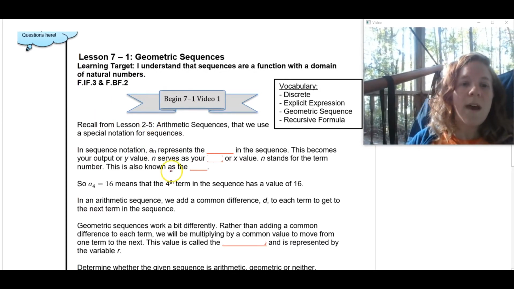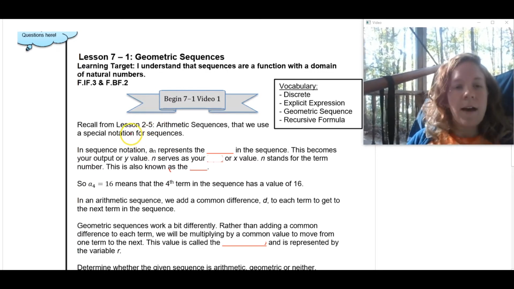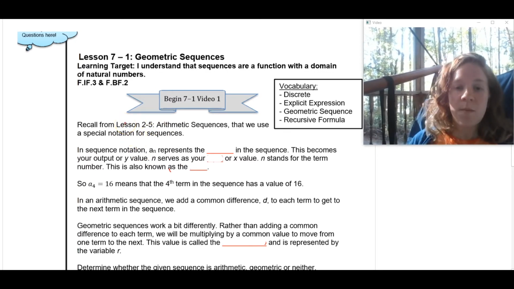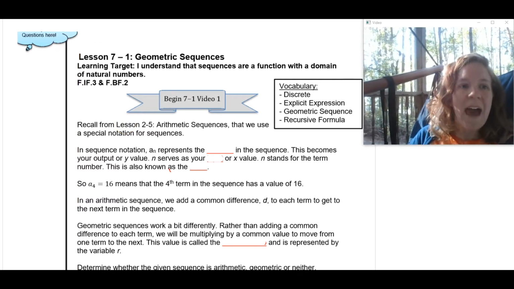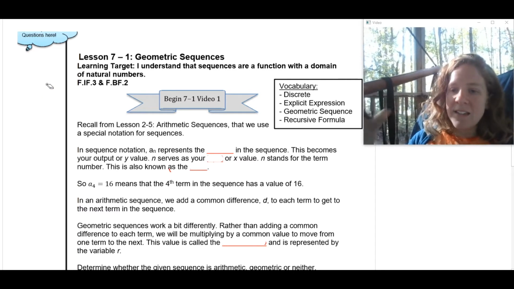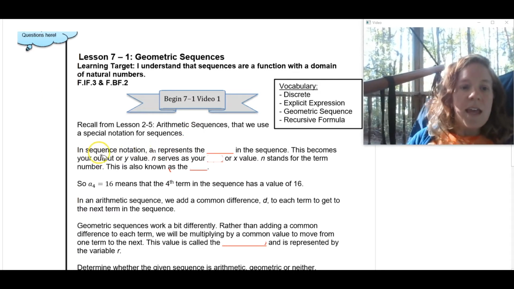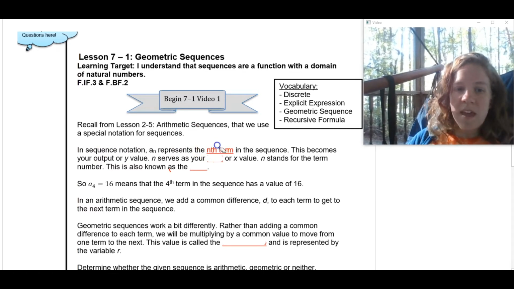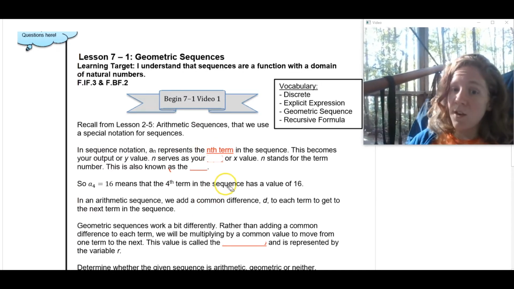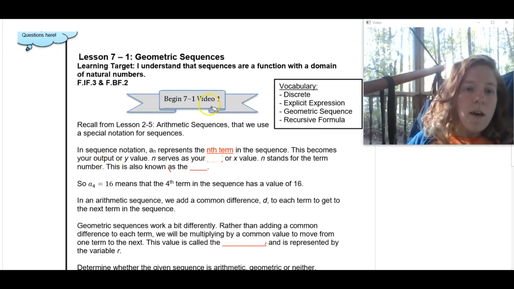If you remember way back in lesson 2.5, we talked about arithmetic sequences, and those were just patterns of numbers where you were adding something or subtracting something to move from one term to the next. In sequence notation, remember that a sub n represented the nth term, and that becomes your output value.